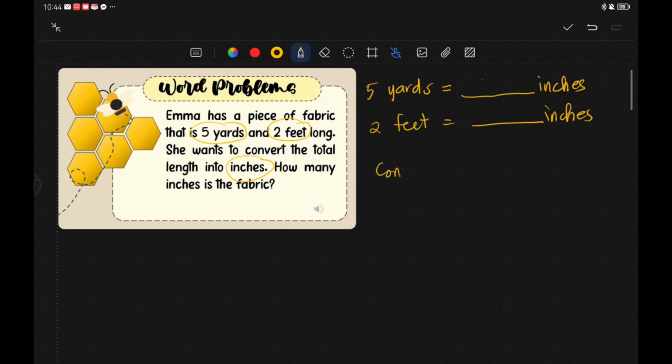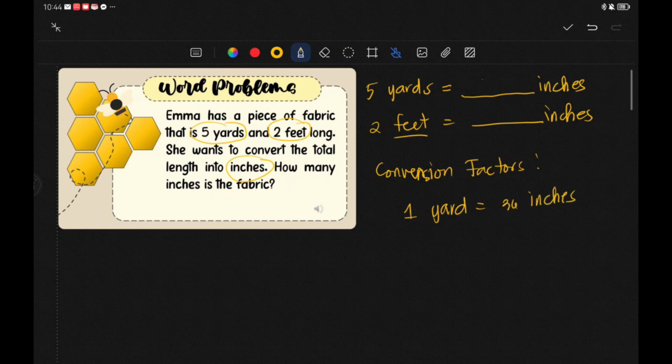So we need to remember the conversion factor. So yards to inches, you need to remember that 1 yard is equal to 36 inches.